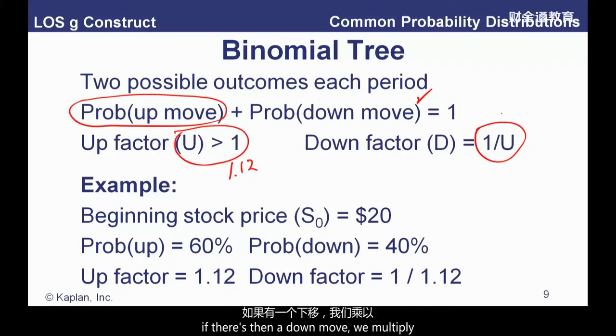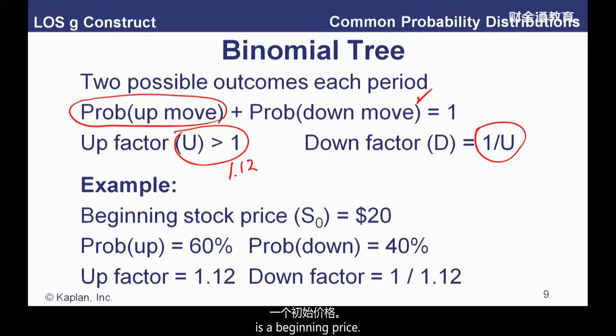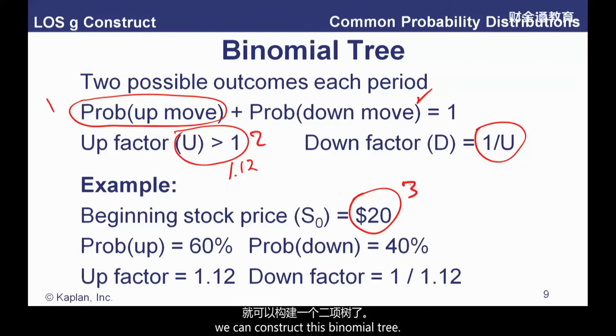If there's then a down move, we multiply by the down factor or divide by the up factor. So the point is it gets us right back to where we started. So the other thing we need to construct this tree is a beginning price. So if we have these 3 things, we can construct this binomial tree.